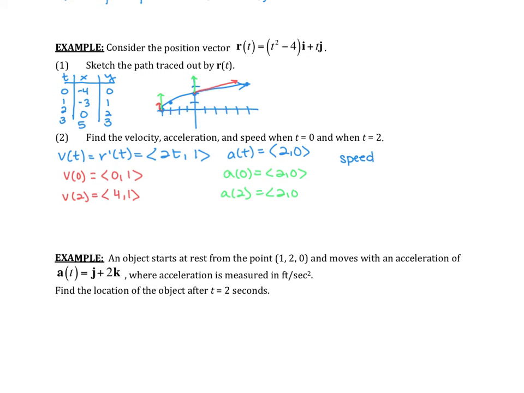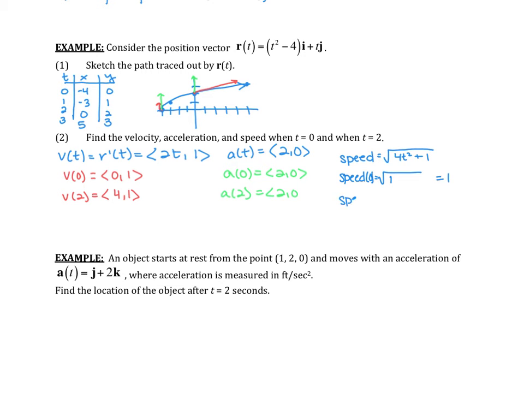So if we consider the speed, we know the speed is the magnitude of the velocity. So the magnitude of the velocity would equal the square root of (2t) squared plus 1 squared. And so the speed when t equals 0 would be the square root of 1.